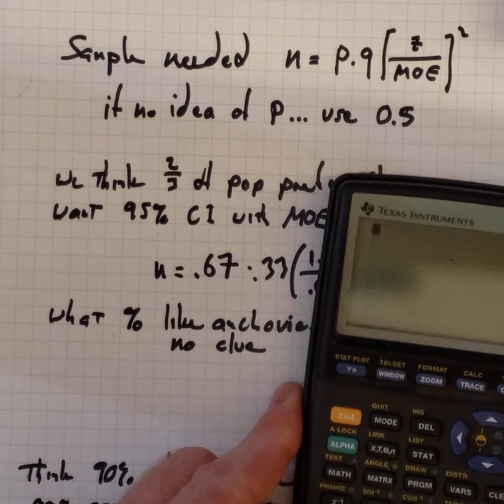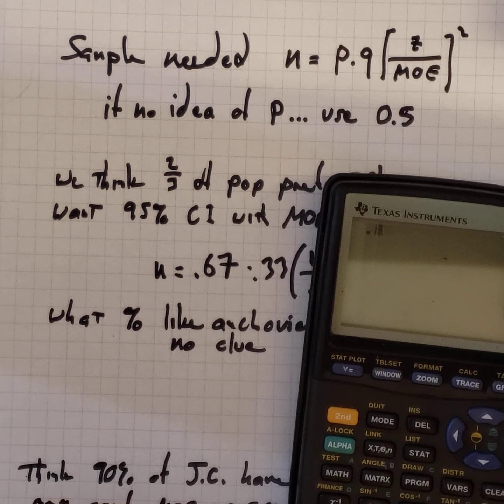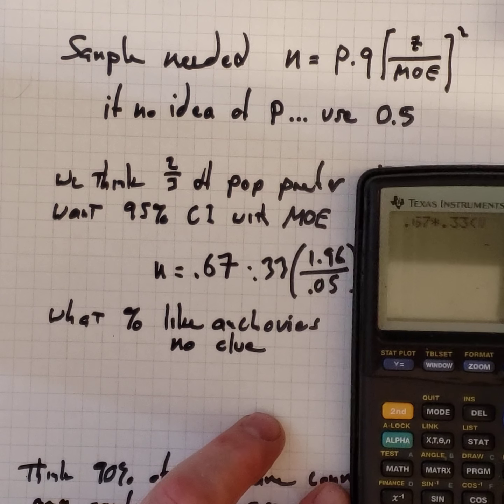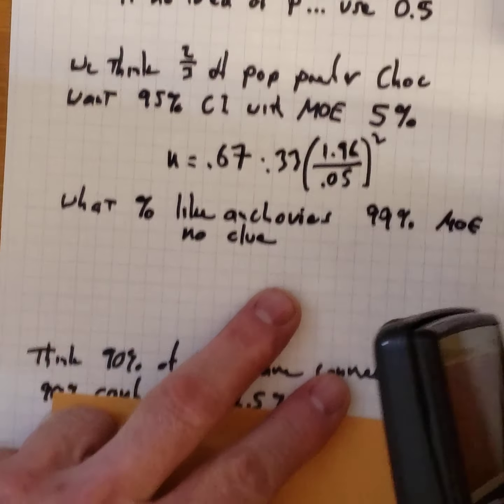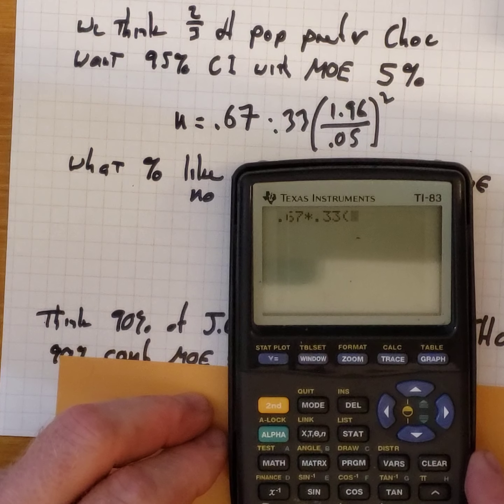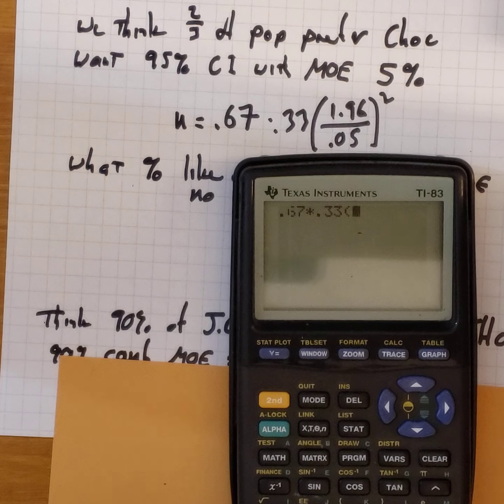Definitely calculator work. So 0.67 times 0.33, open parentheses, and then we can put in our 1.96 divided by 0.05, close parentheses, and square that quantity.